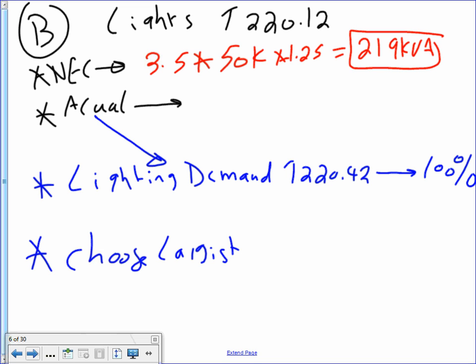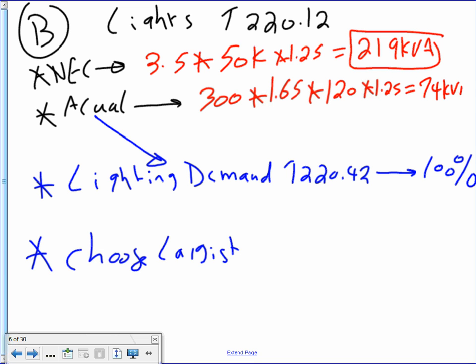Then the actual, your actual, guys, is 300 fixtures multiplied by 1.65 each one of these fixtures, multiplied by 120, that's the voltage, multiplied by 1.25 because it's continuous load, and that will get you 74 kVA. One more time. Can you guys see that?